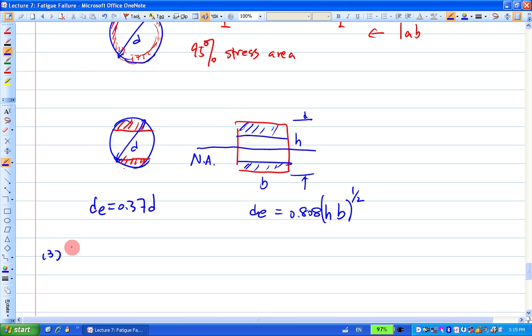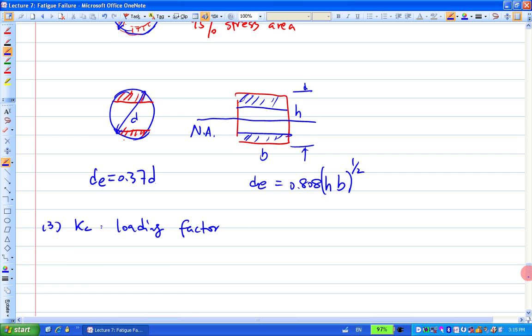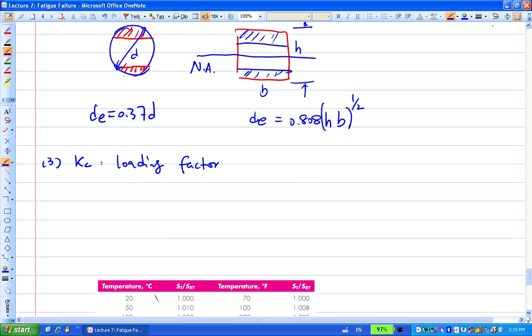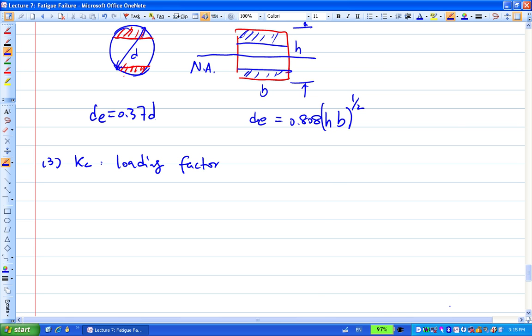So that's Ka, Kb, and then let's look at Kc, which is the loading factor. The rest of the factors are actually easier now. The only tricky one maybe is just Kb. Loading factor is essentially asking, what if the part is not under the same loading as the lab condition?